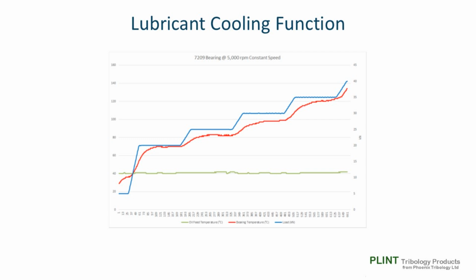In both cases, the test bearing ceased shortly after the bearing temperature exceeded 120 centigrade. In other words, another form of bearing failure was precipitated, but this was neither micro nor macro pitting.